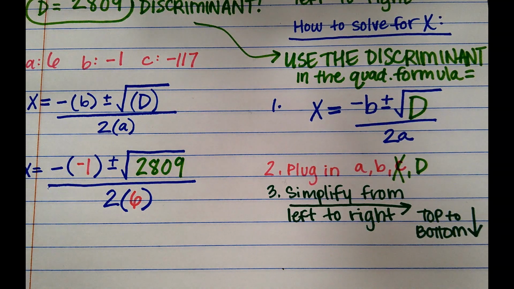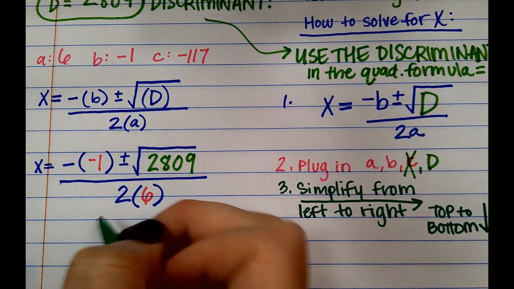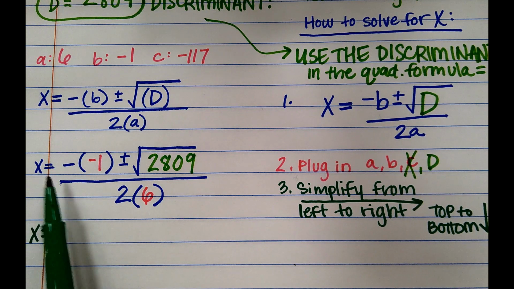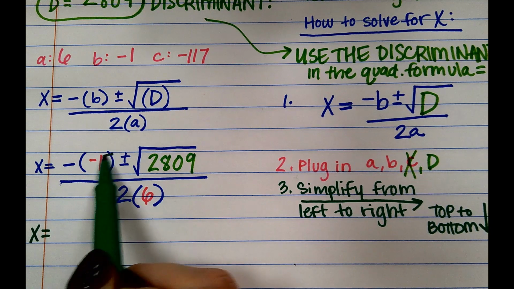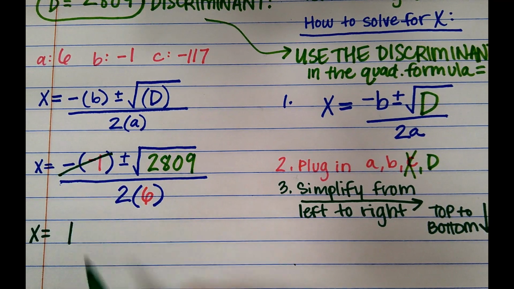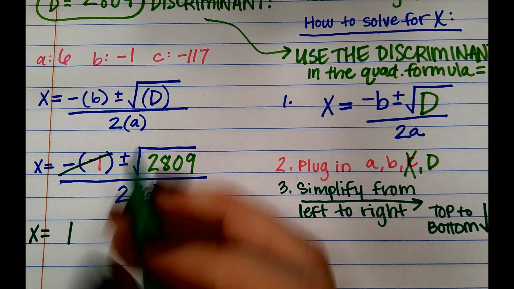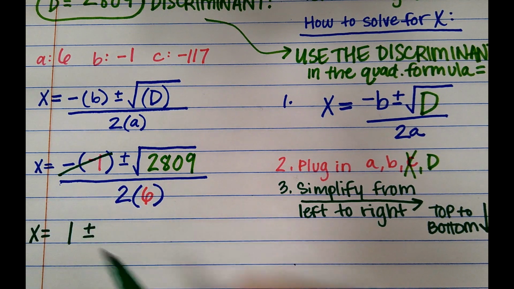So x equals negative 1. What does that become? Positive 1. I'm going to bring down plus or minus. Now, the square root of 2809. 53.